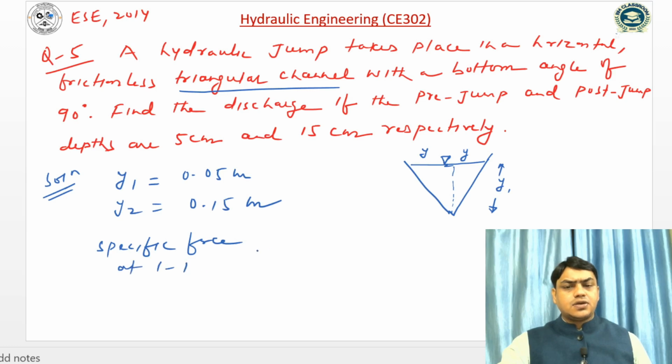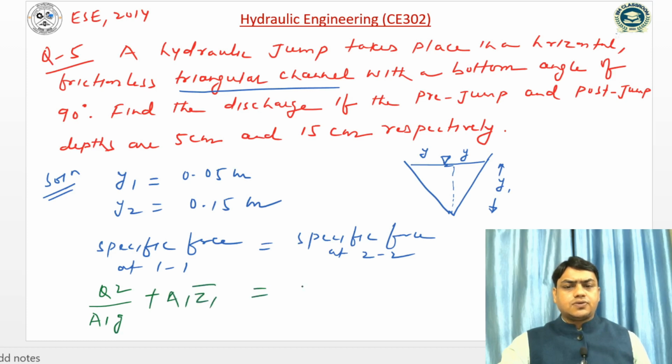So we can write the basic equation: specific force at 1 is equal to specific force at 2. So it will be Q square by A1 g plus A1 z1 bar is equal to Q square by A2 g plus A2 z2 bar.